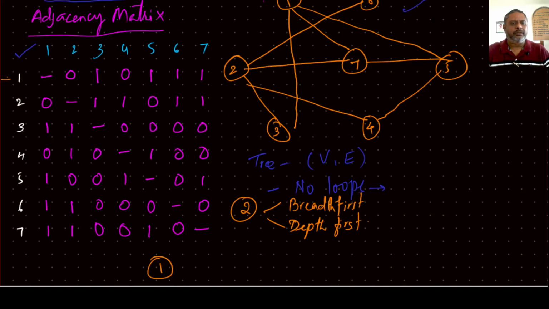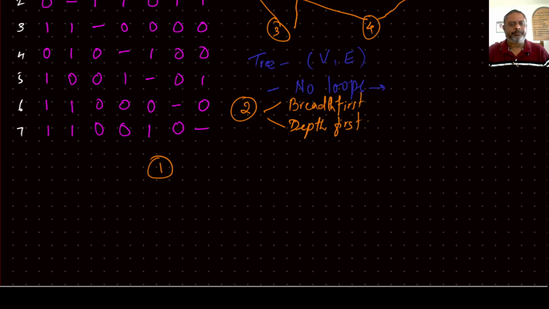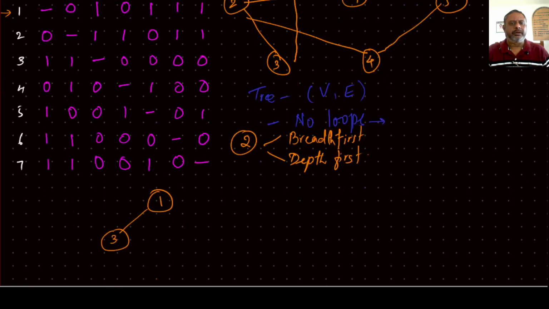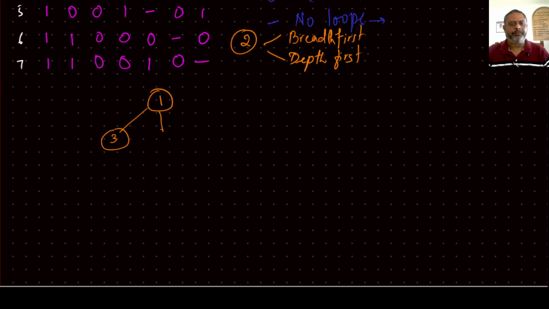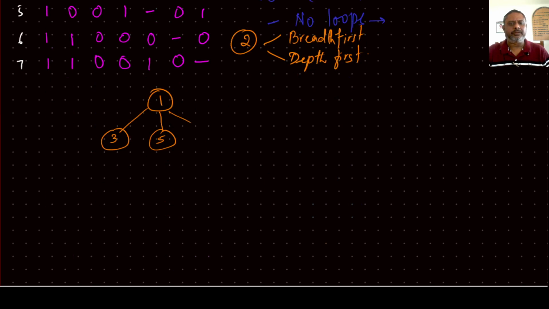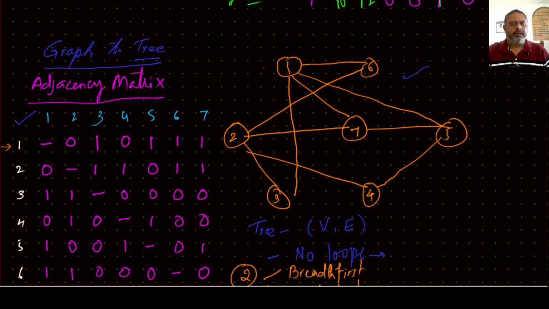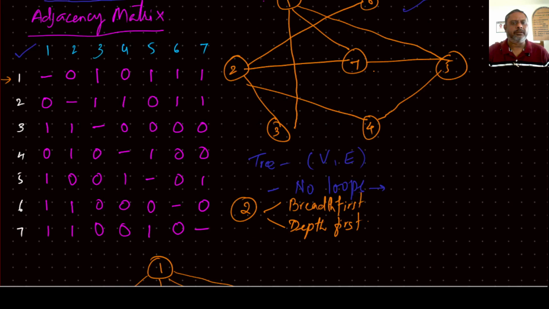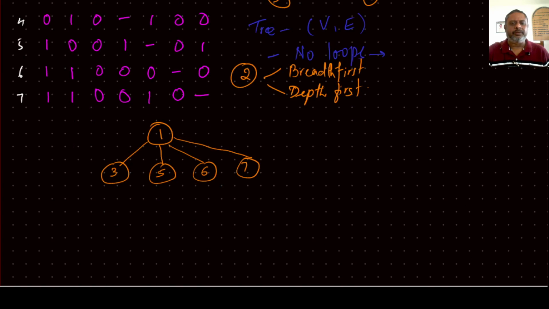When I'm looking at node 1, I can see that there is a connection to node 3, a connection to node 5, a connection to node 6, and finally a connection to node 7. 3, 5, 6, 7 are ones in this, so we marked them. Okay, so that's the first step.